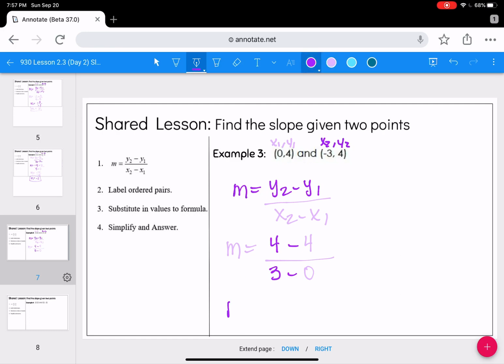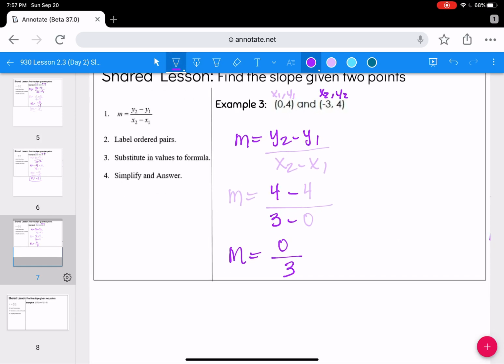So now I have m is equal to 4 minus 4 is 0 in my numerator. 3 minus 0 is 3. I do have 0 in my numerator, which is okay. So this simplifies down to m is equal to 0. So I have a slope of 0.